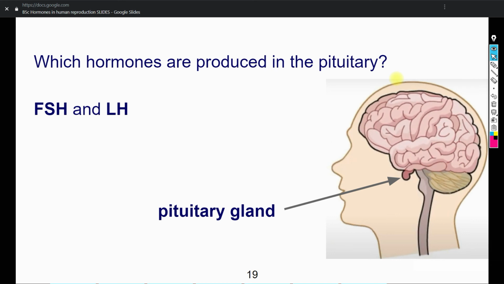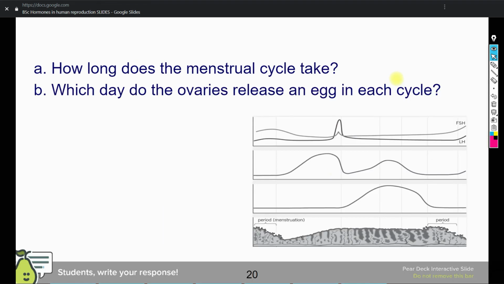FSH and LH. How long does the menstrual cycle take? The whole cycle, that is. Not just menstruation, but how long does the whole cycle take? And on which day do the ovaries release the egg during each menstrual cycle?